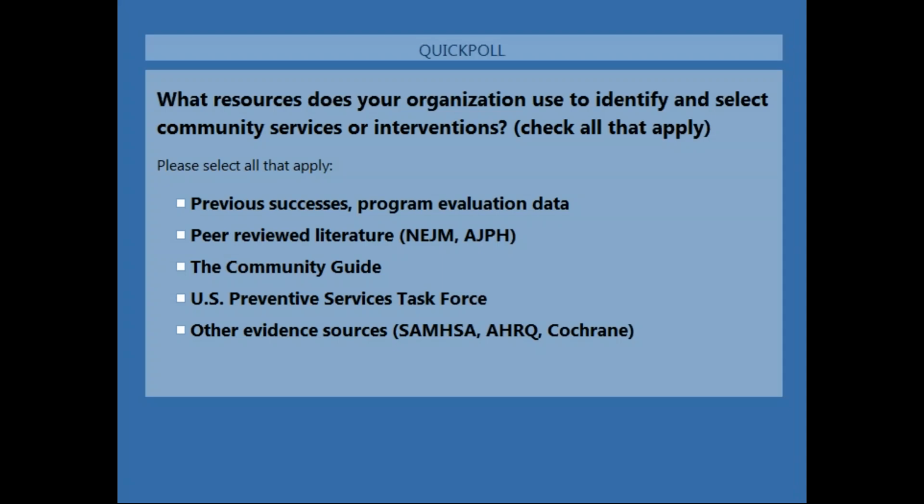And so we have previous successes, previous experiences that you've had as one item, peer-reviewed literature, what you might see in journals and other literature, the Community Guide itself that Sean has talked about, the U.S. Preventive Services Task Force and its recommendations, and other sources of evidence. And again, if you put in other, if you would be so kind as to type in some of those others, that again will be helpful to all of us to know where it is you turn for evidence.